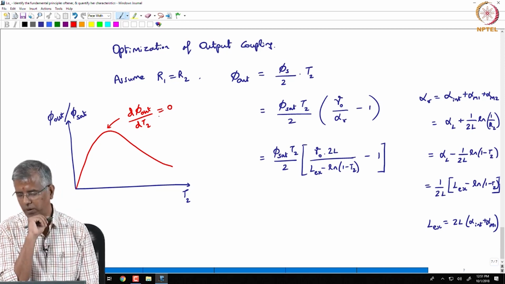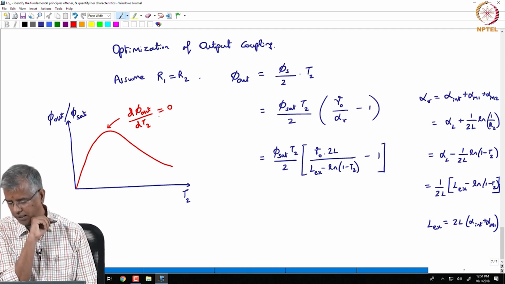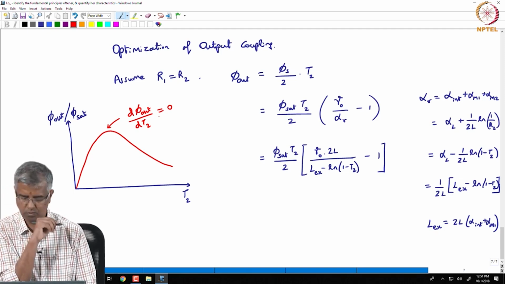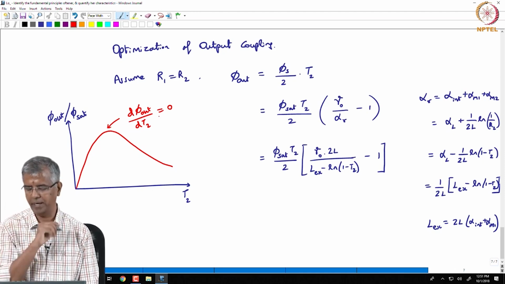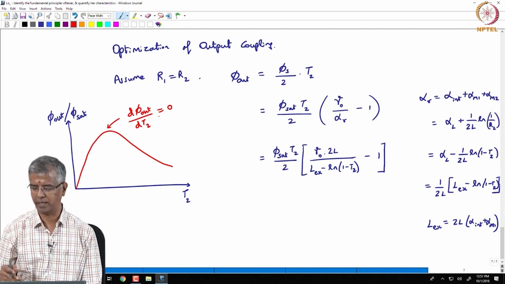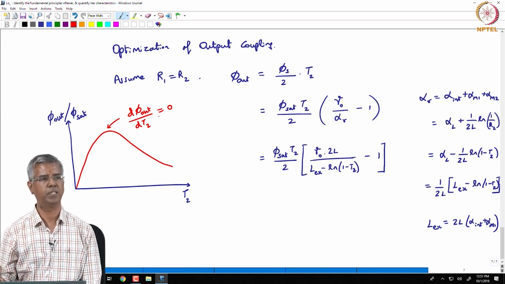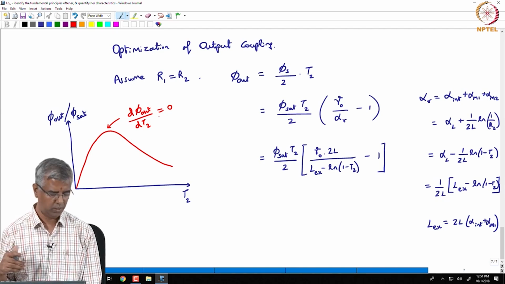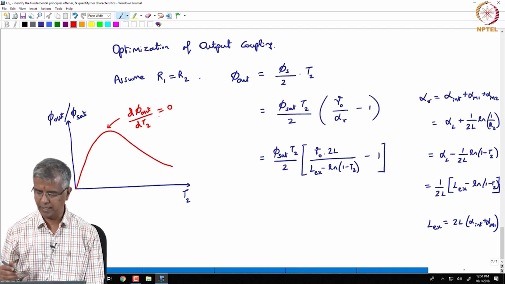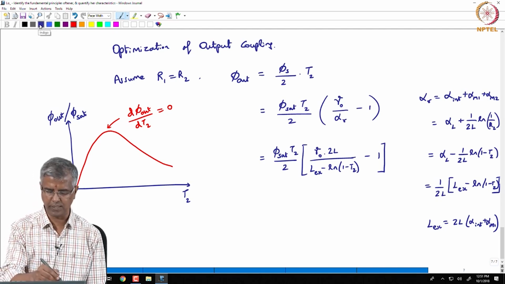So, what I can do is apply that. I can take a derivative of this entire expression corresponding to phi out with respect to T2, and also under specific conditions.